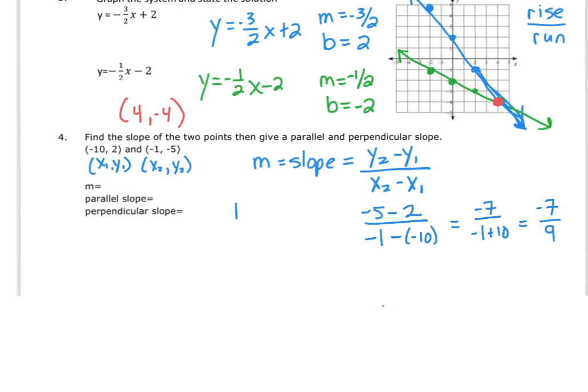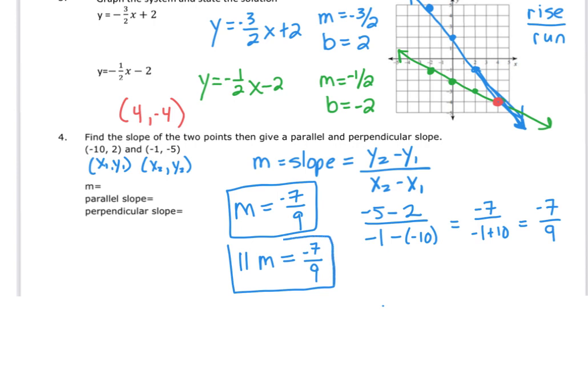My slope is negative 7 over 9. So that is the slope of that line. A parallel slope, you guys need to know that parallel slopes, that's this parallel symbol, are the same. If two lines have the same slope, then they are parallel. So that's the parallel slope.